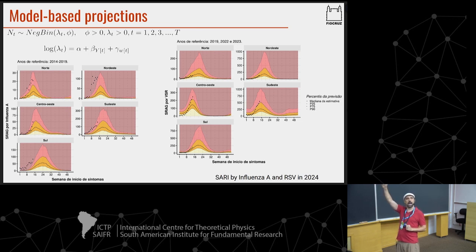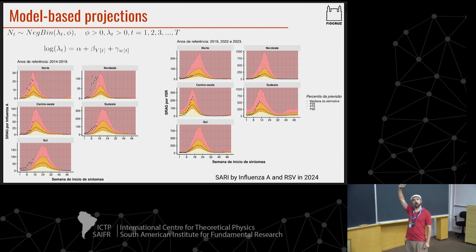It's a value for each year that will be adjusted with this model, and there is a parameter gamma w, which is associated with each specific week. So we have a parameter associated with the time of the year, and another one associated with the year itself, okay? Roughly, the gamma parameter will take into account the seasonality, and the beta parameter will take into account volume difference from one year to another. Okay, this is the idea.